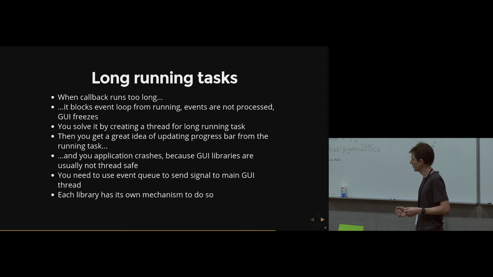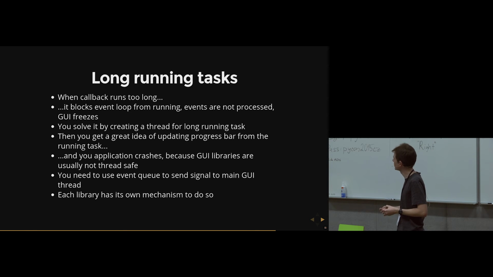For this reason, every one of these libraries has some mechanism by which you can tell it, from another thread: when the event loop runs next time, run this thing for me in the main thread. And this is the thing, if you are learning graphical user interfaces, which you should look into and learn first, because you will 100% need it.